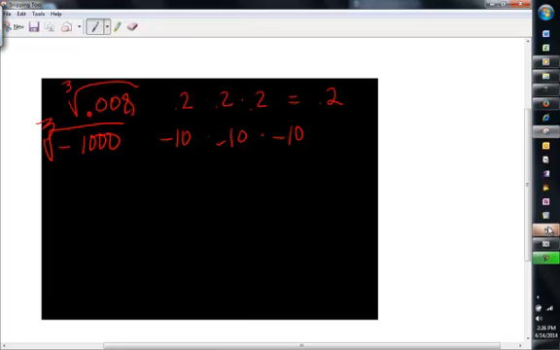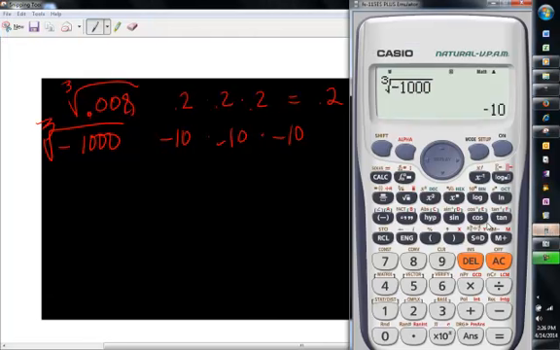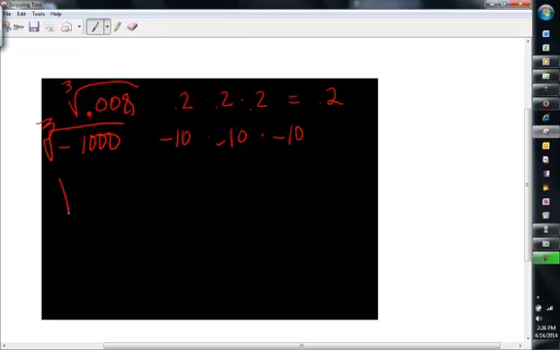Last one is 1/27th, so we could press the cube root of the fraction 1/27. That is 1/3, so the cube root of 1/27 is 1/3 times 1/3 times 1/3, which is 1/27. Okay.